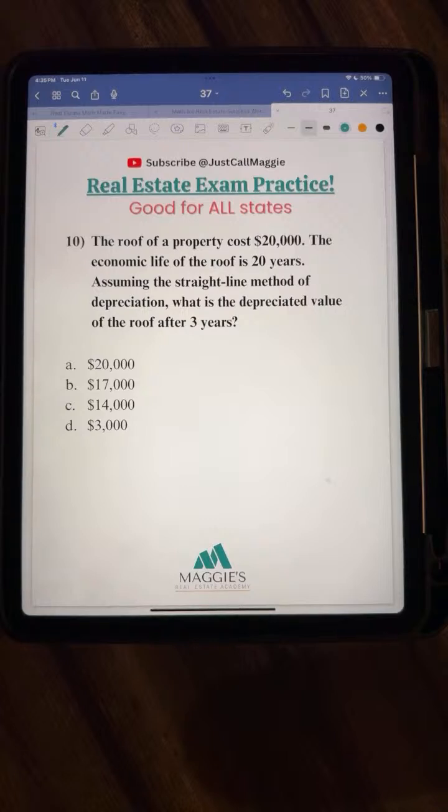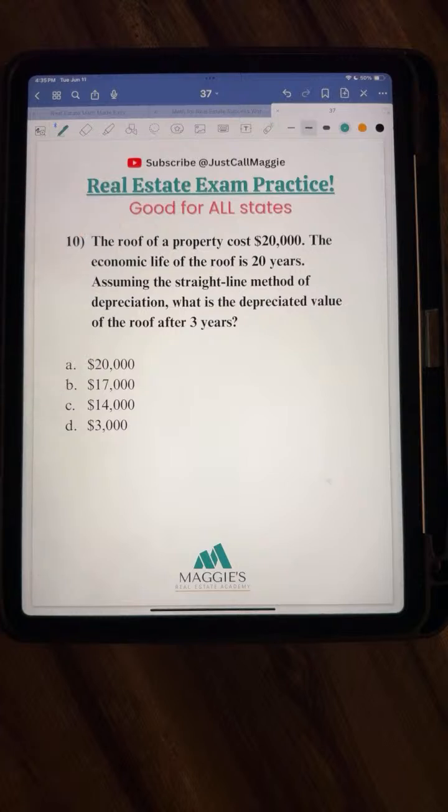Number 10. The roof of a property costs $20,000. The economic life of the roof is 20 years. Assuming the straight line method of depreciation, what is the depreciated value of the roof after 3 years? Y'all, I took my test in Florida about 7 years ago, and I swear this was on it.